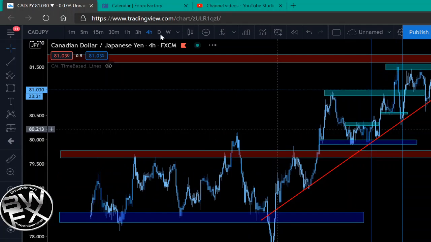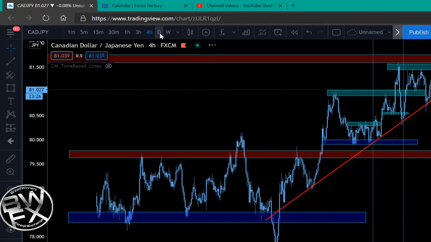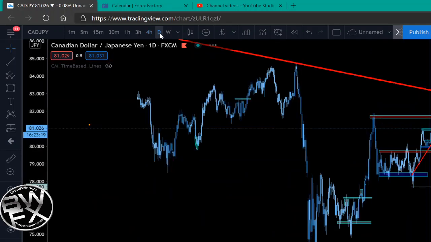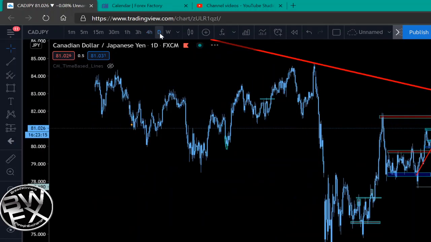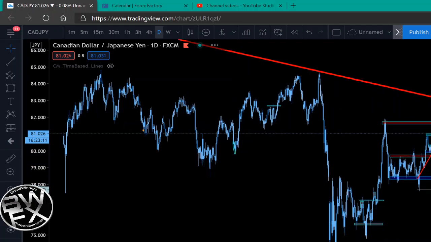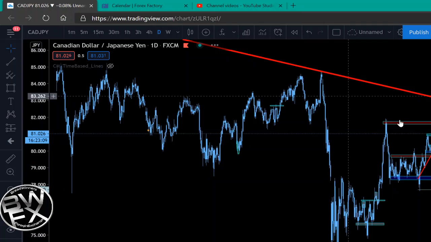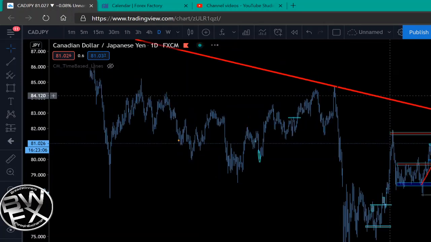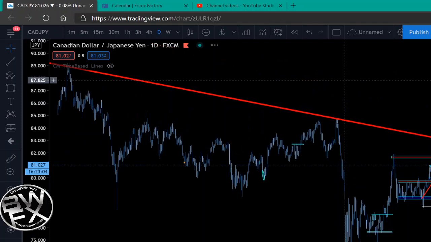I actually have to pull out to the daily. So if we do break this level, there's major room for it to at least go up there and hit the trend line.